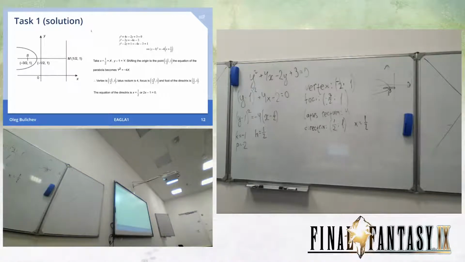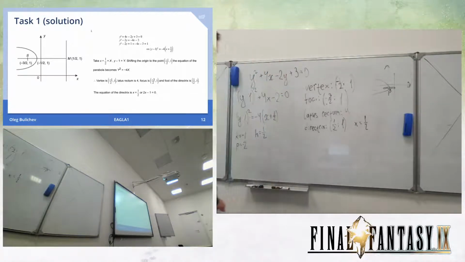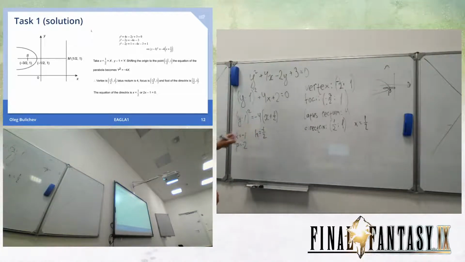And here I found just x0 and y0, and it's our vertex, it's easy. And for chi, just for chi.